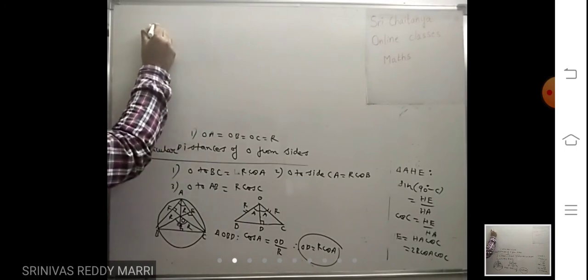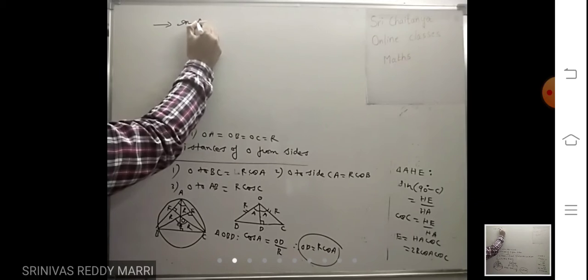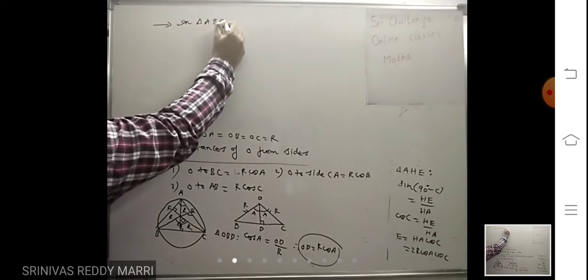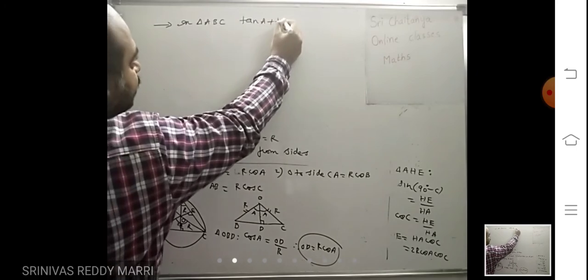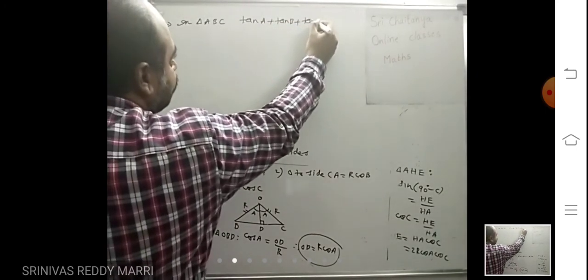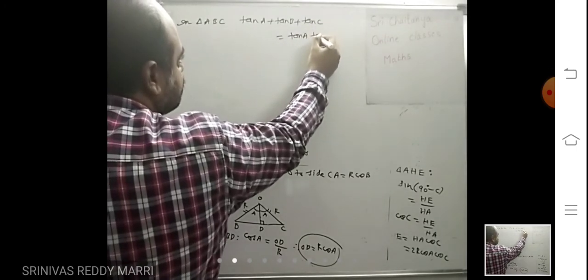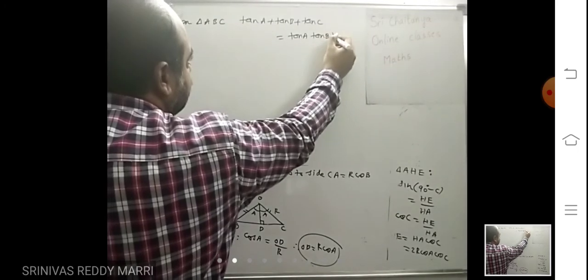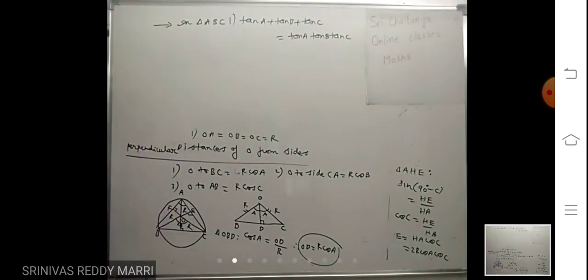Look at one identity you have to remember while solving the problems. In triangle ABC, there are two identities you will get in the problems. Tan A plus tan B plus tan C equals tan A tan B tan C. This is one identity.